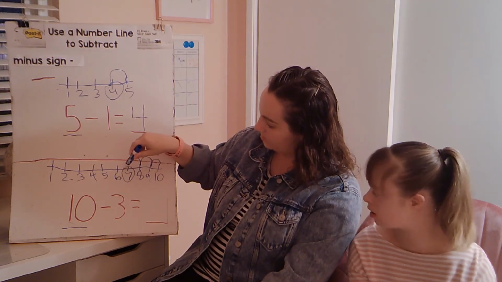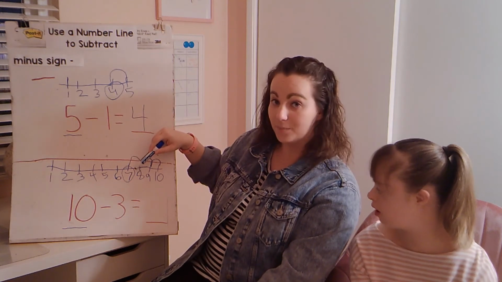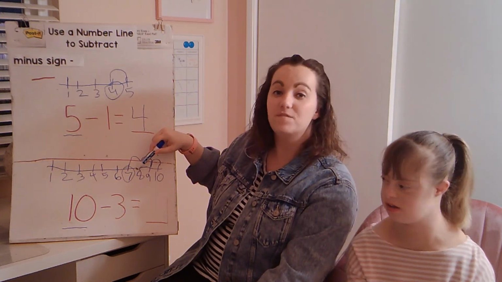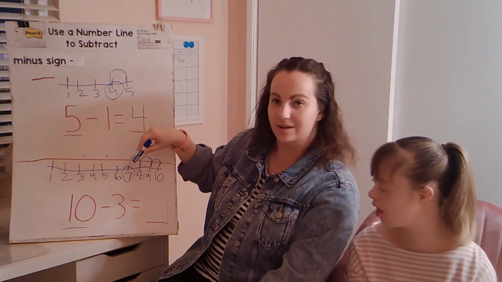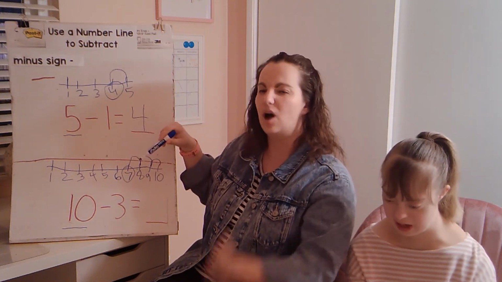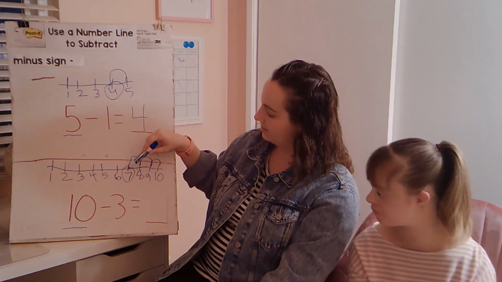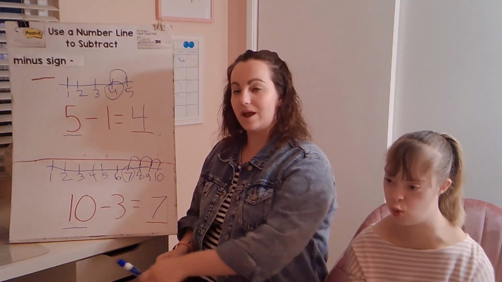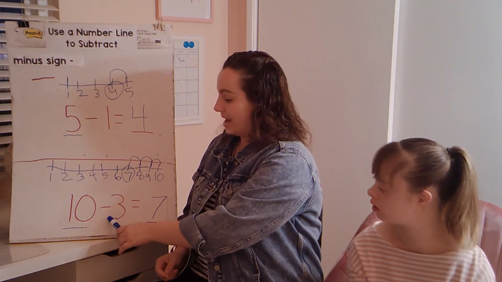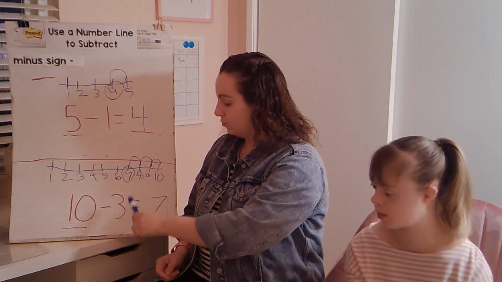I counted back and landed on what number? 7. So I counted back, I did 10, 9, 8, 7. I counted 1, 2, 3 to help me mark my spots. I ended up at 7. So I found that 10 take away 3 equals 7.